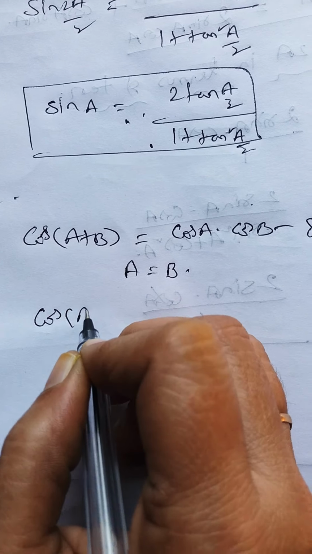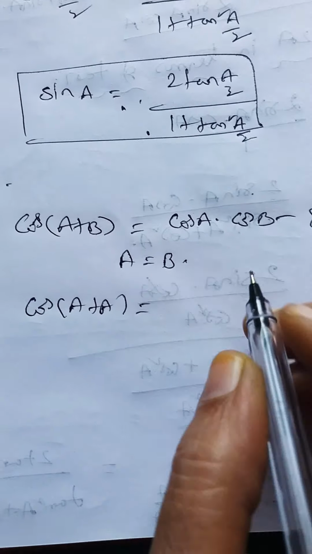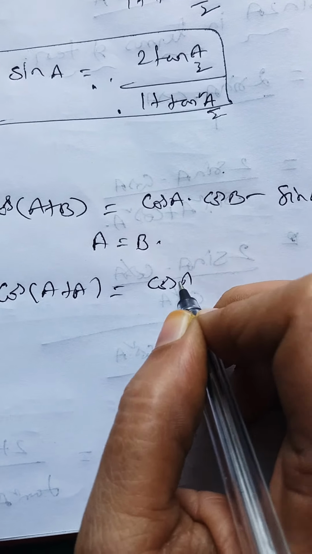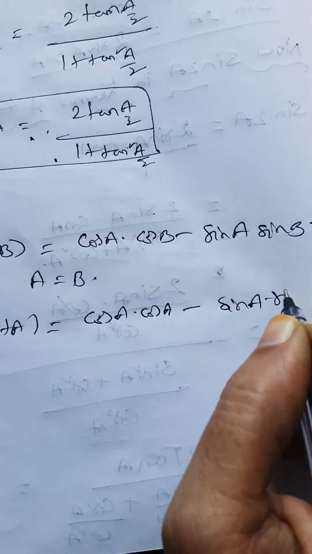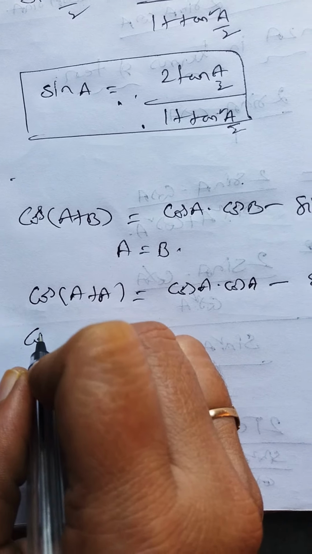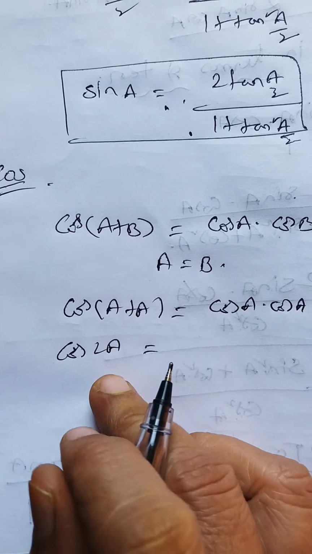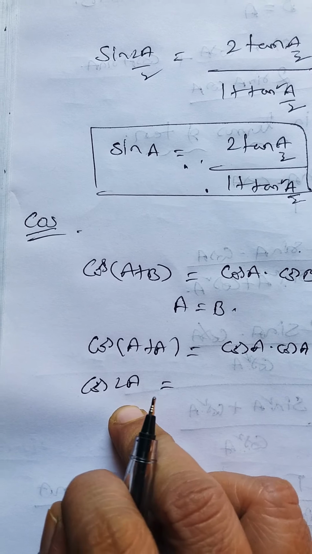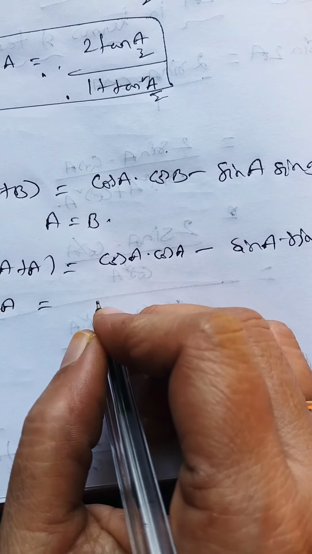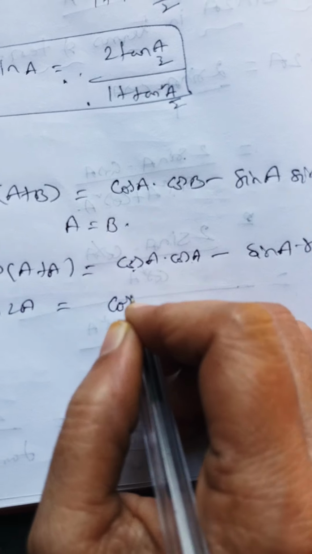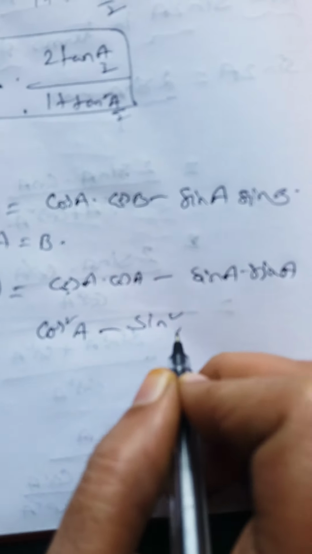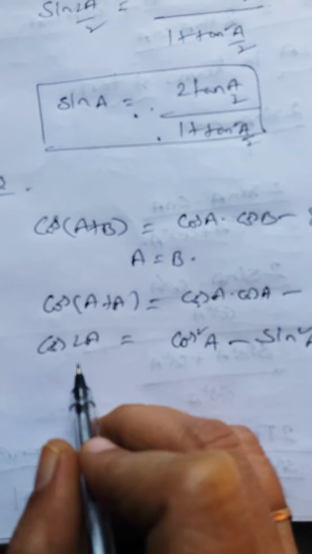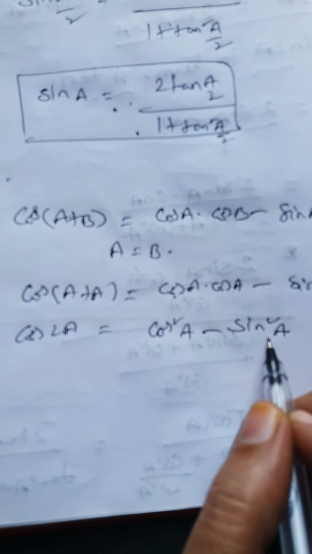We will get cos A plus A is equal to cos A into cos A minus sin A into sin A. So cos 2A, I am finding the multiple, is cos square A minus sin square A.